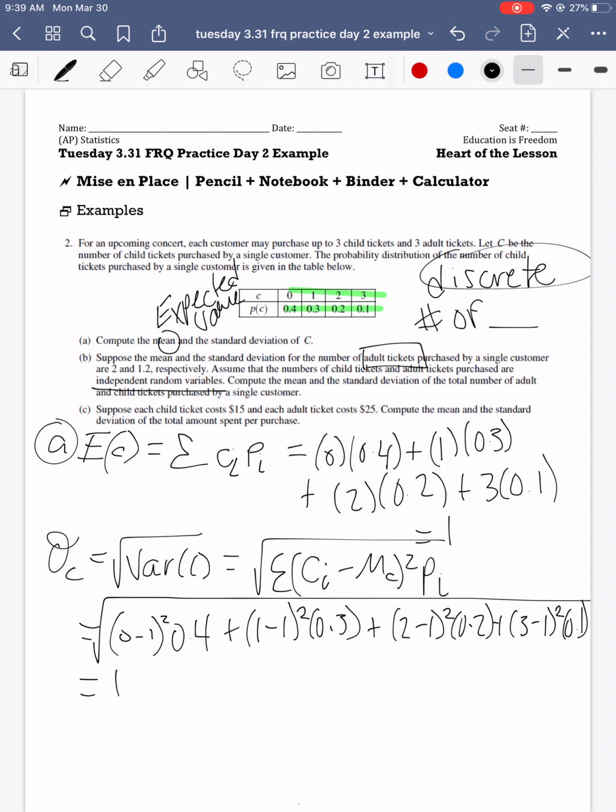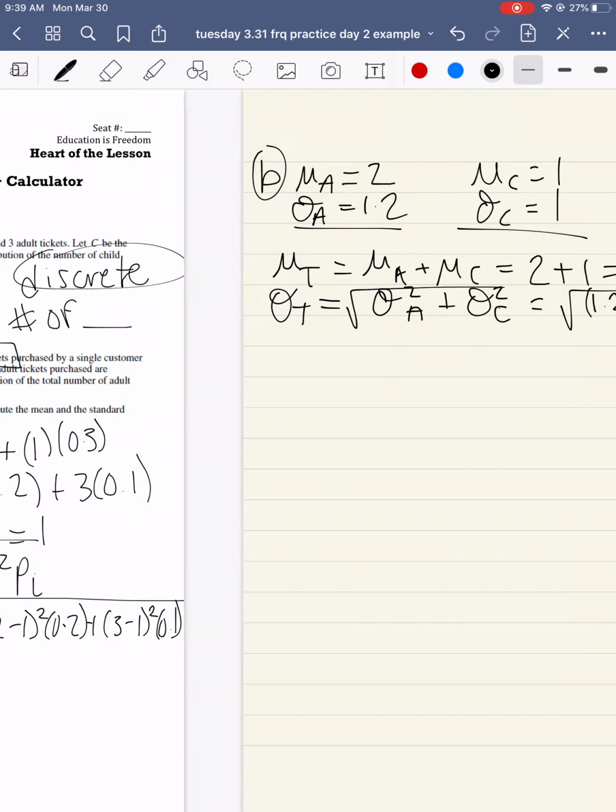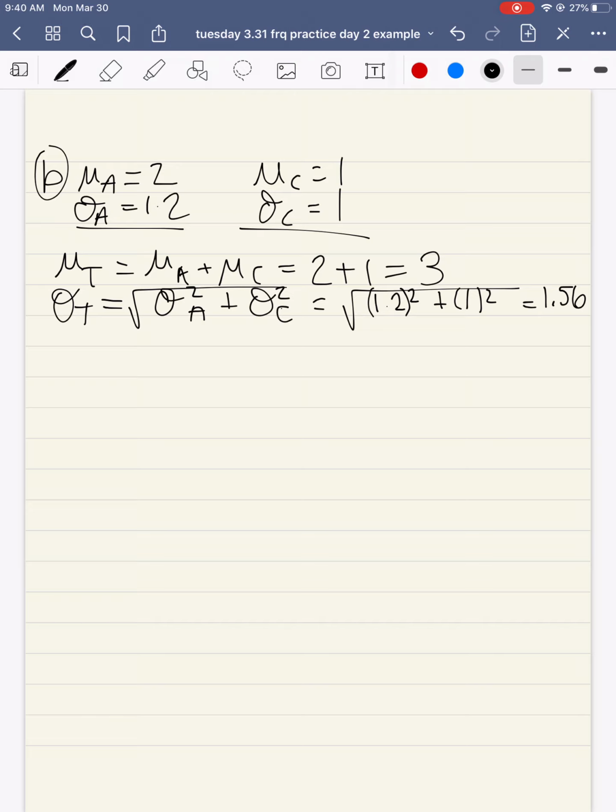Now part C is saying, suppose each child ticket costs $15 and each adult ticket costs $25. Compute the mean and standard deviation of the total amount spent per purchase. Okay, so for part C, the amount spent, let's just put that as M for money.